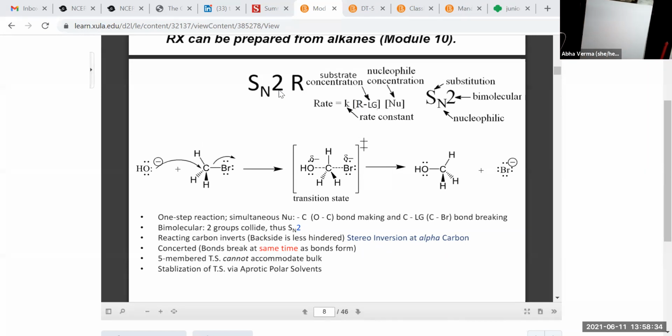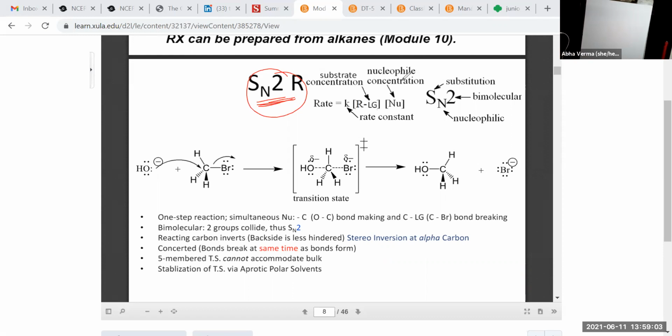SN2 are the next most common reactions. Okay, so SN2 are the most common substitution reactions. So after, based on ARIO, you have decided that an acid-base reaction cannot happen, but a substitution reaction will occur, SN2 should be your first choice.